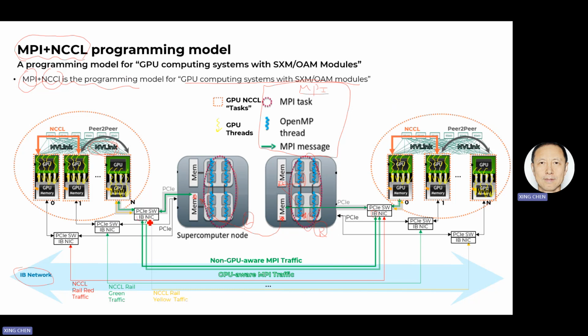This adapter is going to put the data here by using the DMA technology, direct memory access. The InfiniBand adapter puts the data here, and then the communication is done. This is the explicit communication, because we have the data physically being sent and received by the receiver through this network.